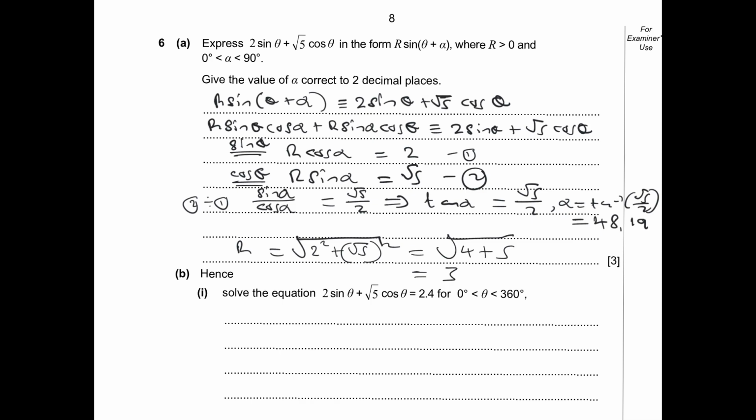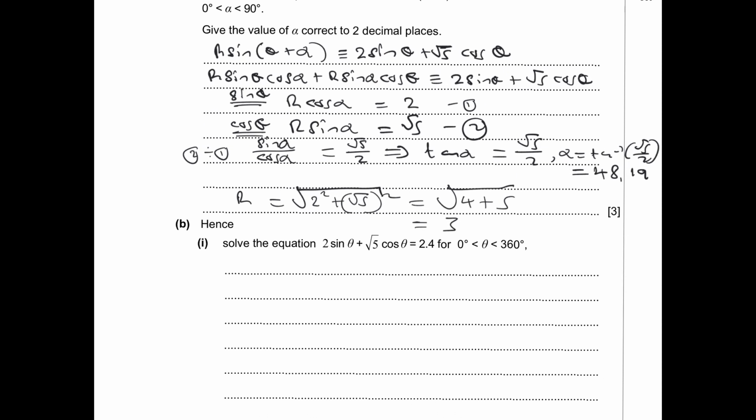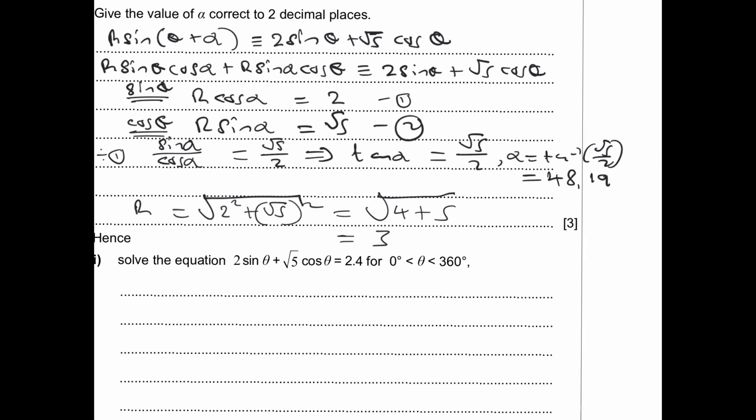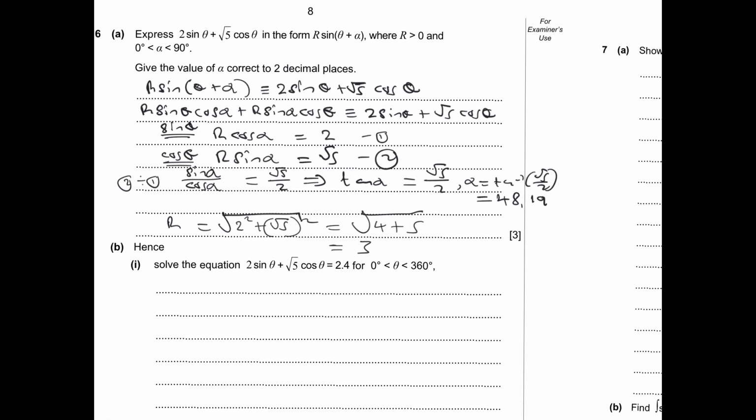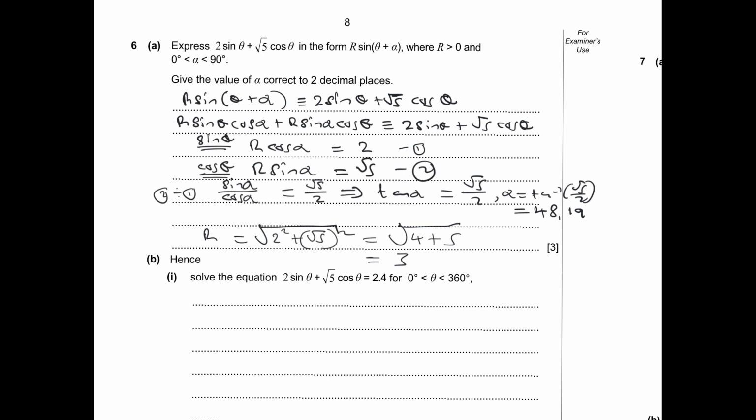So at the end, there isn't enough space, mainly because of my handwriting, but otherwise, what are we asked to do here? They are saying give the value of alpha correct to 2 decimal places. Oh, okay. So all we needed to do was to find the value of alpha.